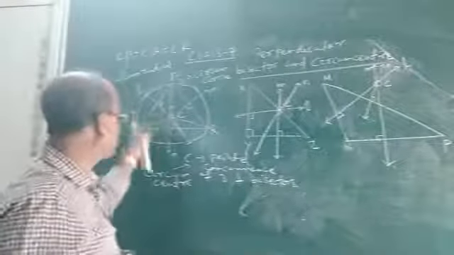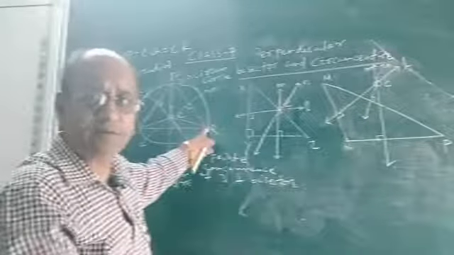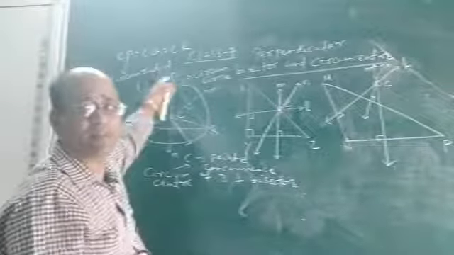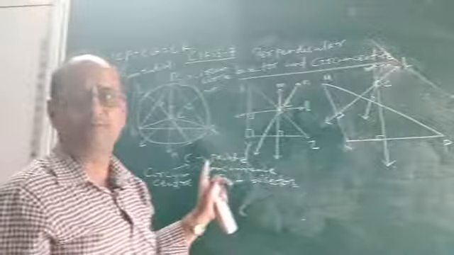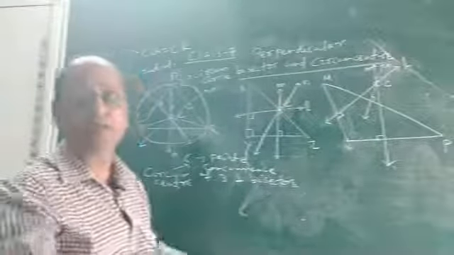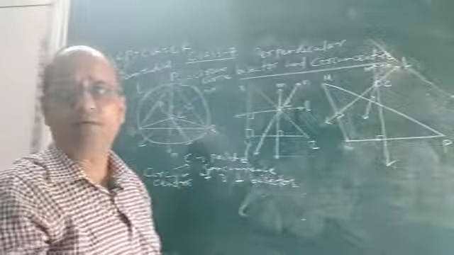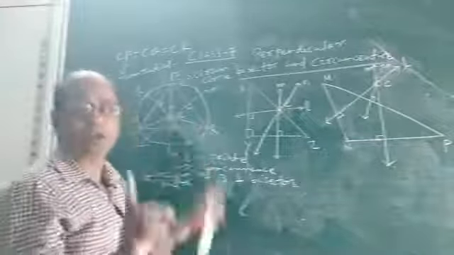Now once you got the circumcenter, join the circumcenter to each vertex. Whatever line segment is obtained, that will be the circumradius. That means the distance between circumcenter and each vertex of the triangle is known as your circumradius. So once you got the center and the radius, you can easily construct the circumcircle. How? By taking C as the center and CP or CQ or CR as the radius.